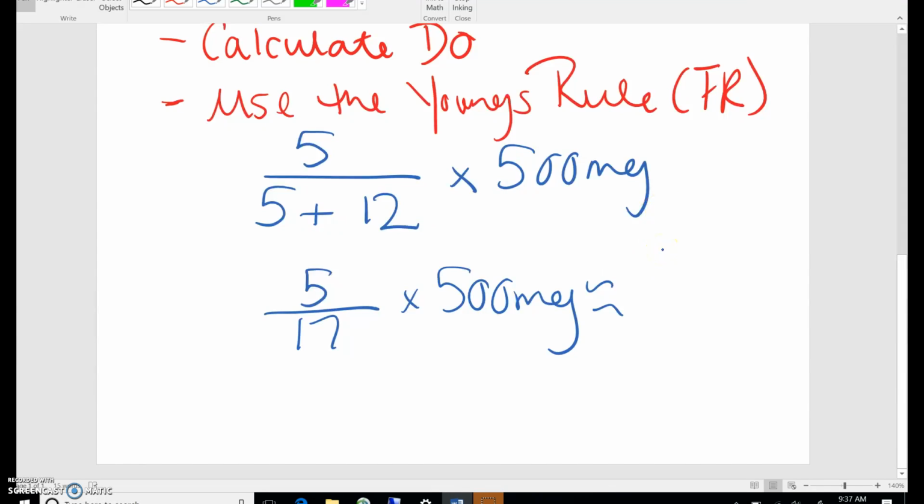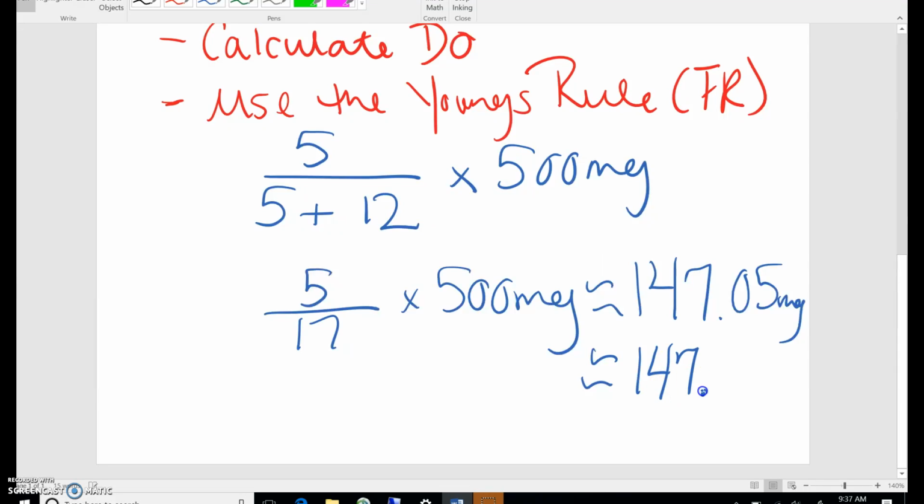And I want you to round it to the tenth place. Well, you get 147.05 milligrams, but rounded to the tenth place is what? 147.1 milligrams per dose. That is how you would calculate the dose for that patient. All right.